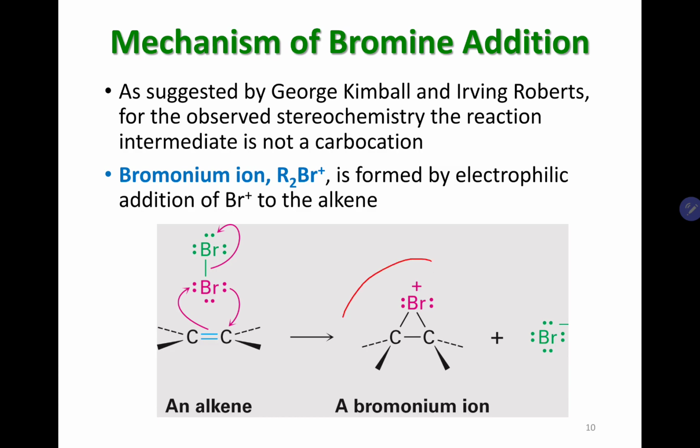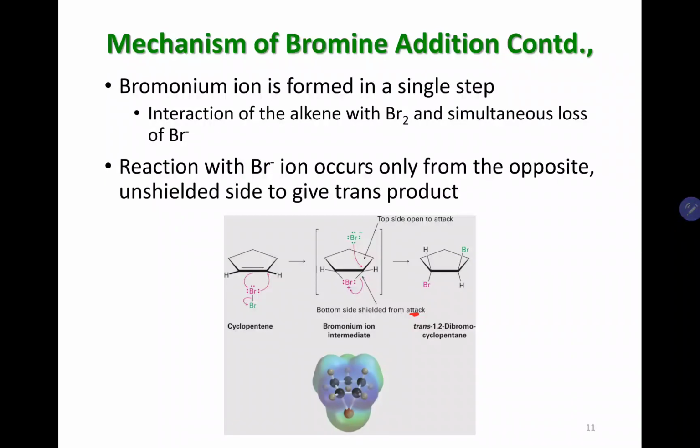What is a bromonium ion? A bromonium ion has a cation on a bromine. That is the unique thing about it. You have a three-member ring structure between a bromine and the previously sp2 hybridized carbons, and the bromine atom has a positive charge. So this bromonium ion tends to shield one side of the ring.